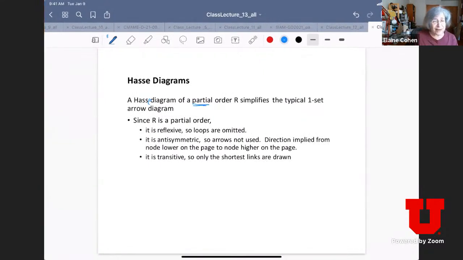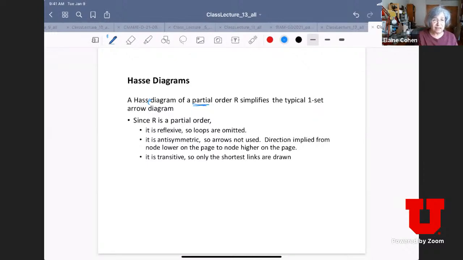It's anti-symmetric. So the way you write the diagram is the arrow always goes from lower to upper, so instead of an arrow, the straight line goes from lower to upper.